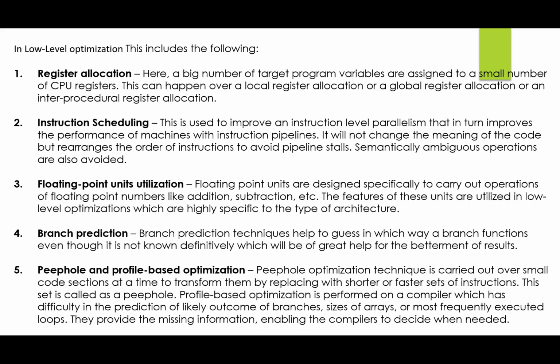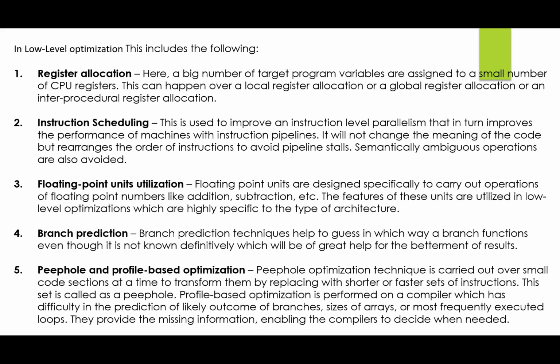Number 3, floating point utilization. Floating point units are designed specifically to carry out operations on floating point numbers like addition, subtraction, etc. The features of these units are utilized in low-level optimization, which is highly specific to the type of architecture.